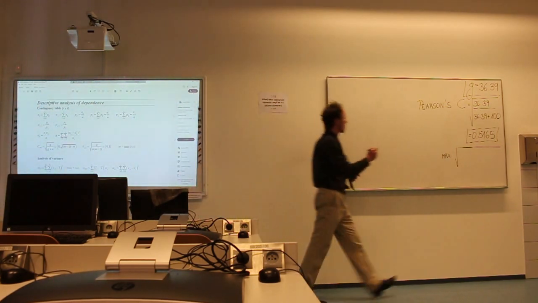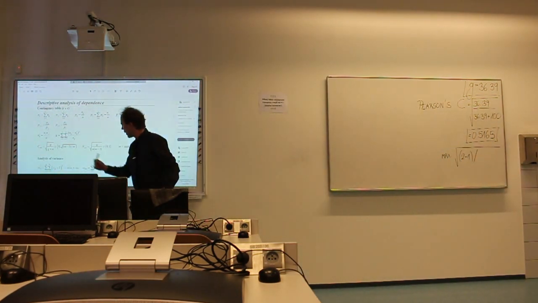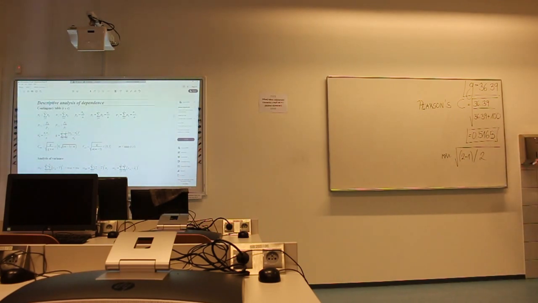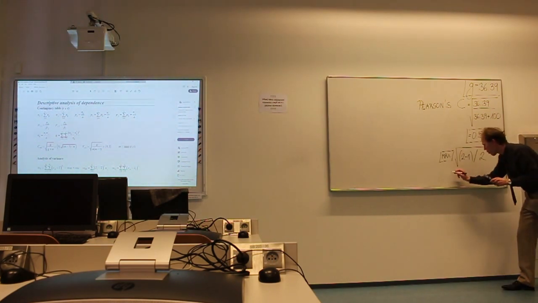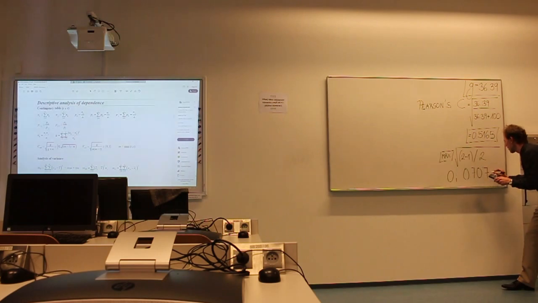So 2 minus 1 divided by 2, the potential maximum of Pearson coefficient C. 2 minus 1 is 1, divided by 2, and the square root of this value is 0.707. So minimum is 0, maximum is 0.707.